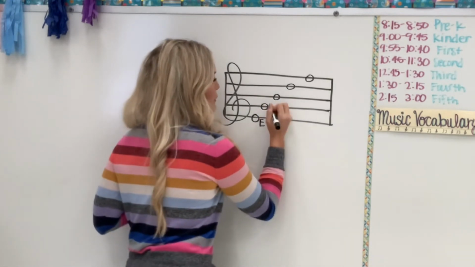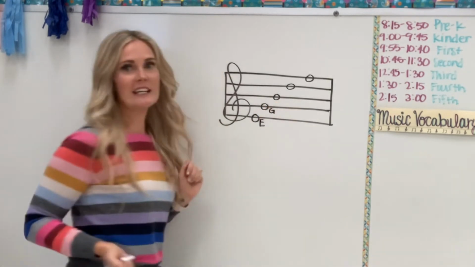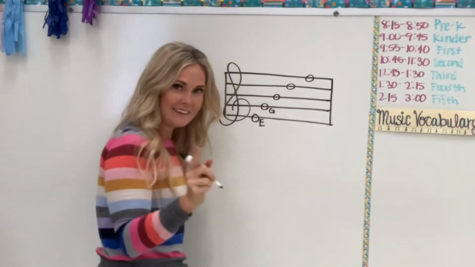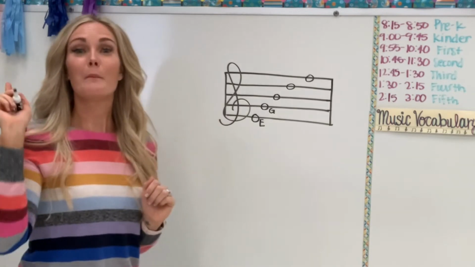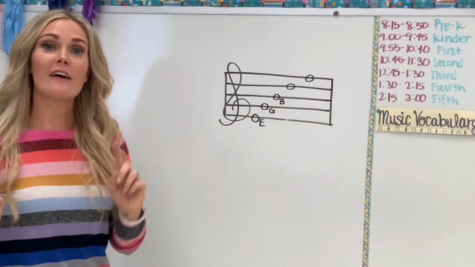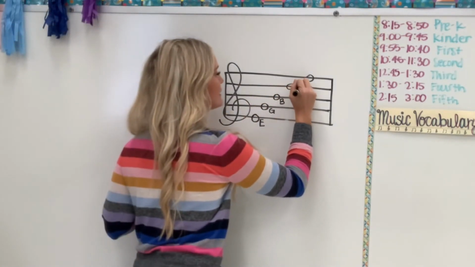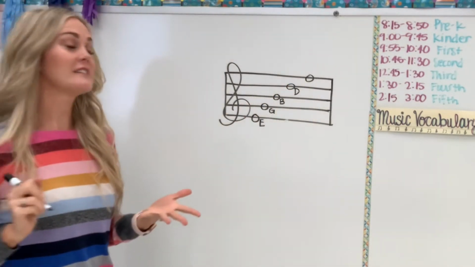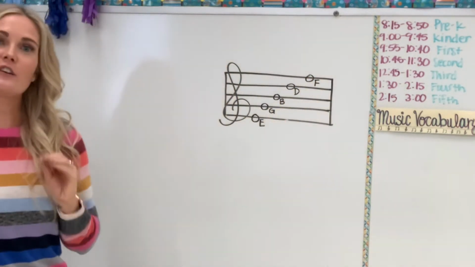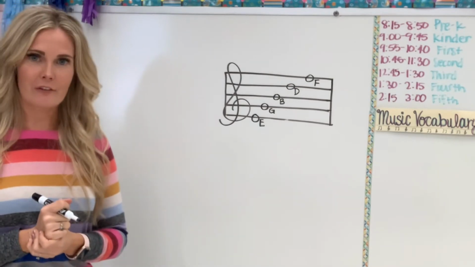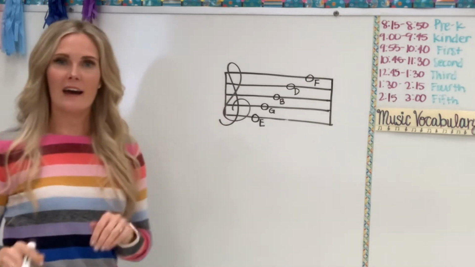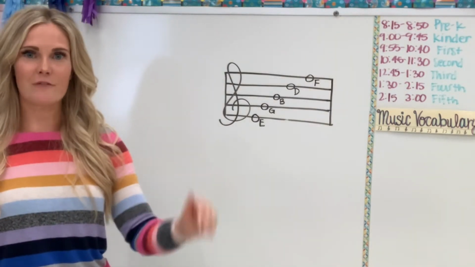And then your next word was good, which is your G. The next line is boy, so put your B. Then you have does, so that's letter D. And then the top one is the word fine, letter F. Those are the lines in our treble clef. E, G, B, D, F. Every good boy does fine.